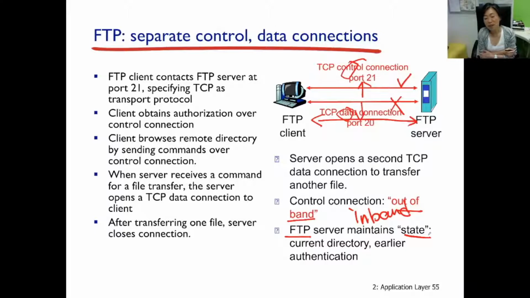So the FTP server actually stores information about the client's previous visit, including where this client was in the directory structure before the client logged out. Next time when the client wants to log in, the server will take him directly to whichever directory the client left, so the client can continue downloading or uploading files in that space.